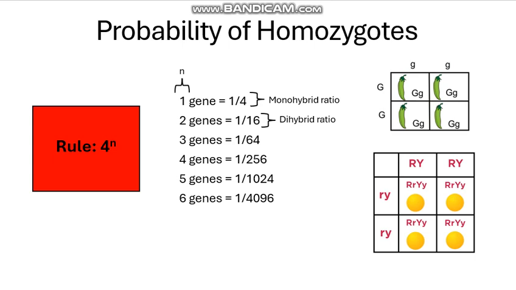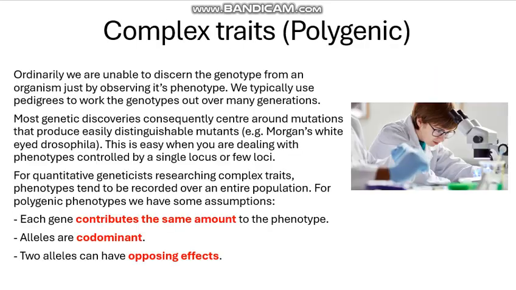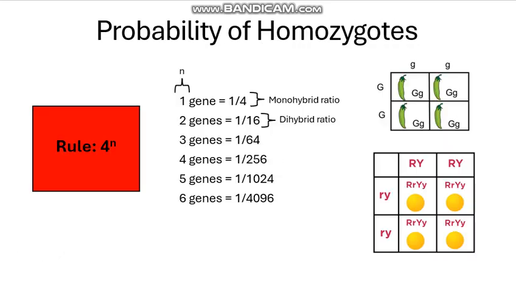If you want to go into it, just search up F1 crosses for a monohybrid and a dihybrid cross, and it'll make sense because out of the total 16 possible outcomes, you're going to have one homozygous dominant, one homozygous recessive for the entire 16. It's the exact same thing that we see here.